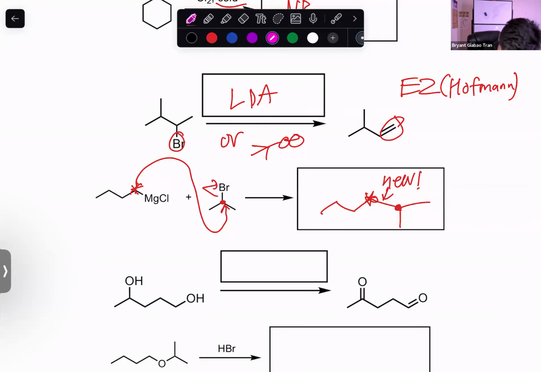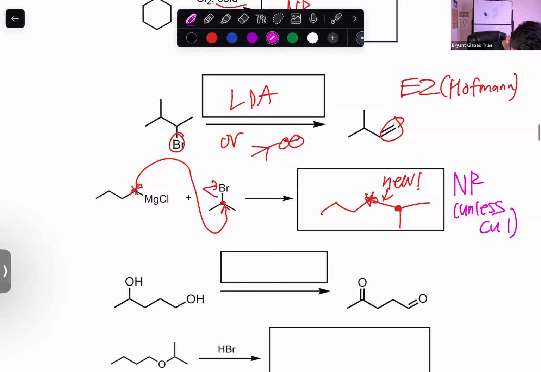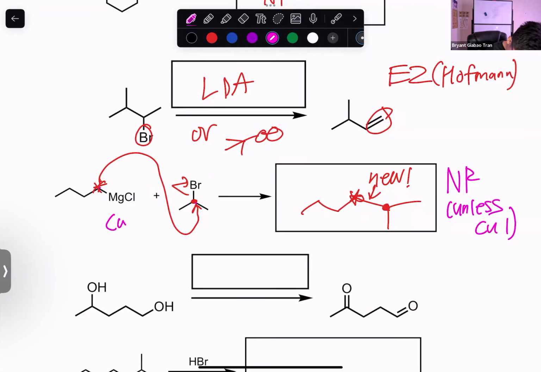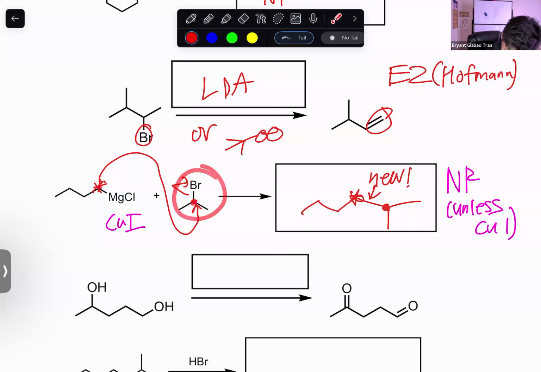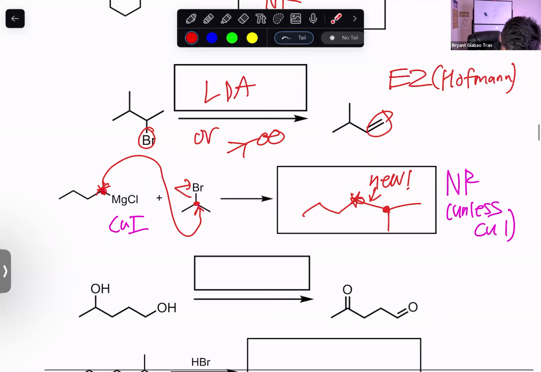Oh, so he put no reaction, this one. Unless with CuI. MgCl, Grignard reagent. And then CuI. Wait, MgCl, Grignard. Huh, wait.